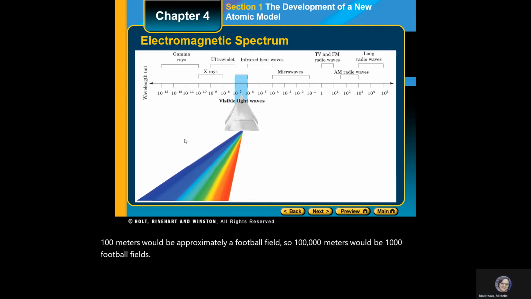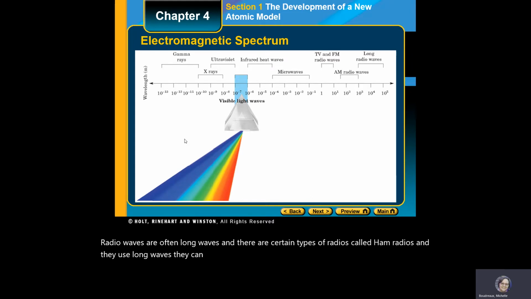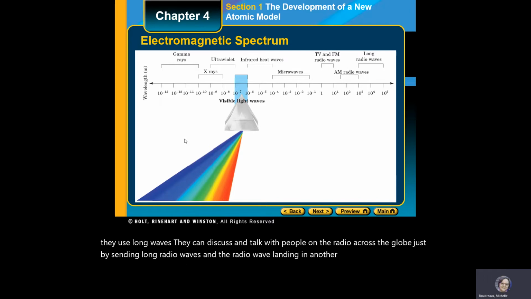Radio waves are often long waves. There are certain types of radios called ham radios, and they use long waves. They can talk with people on the radio across the globe just by sending long radio waves and the radio wave landing in another country. And they can have conversations on these radios.